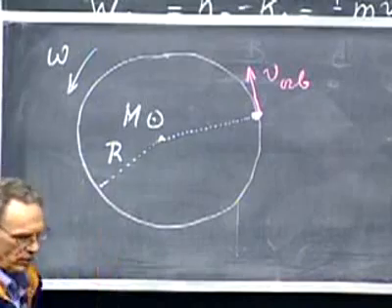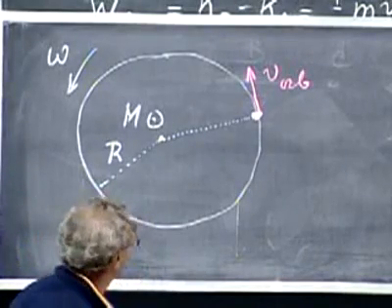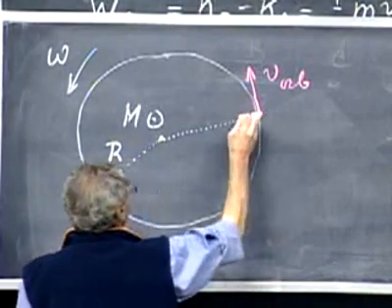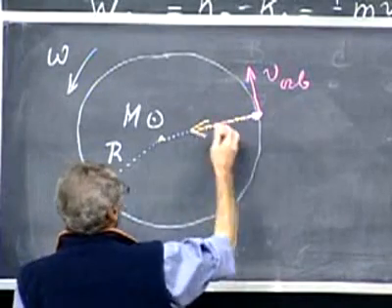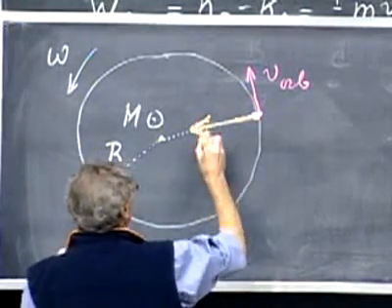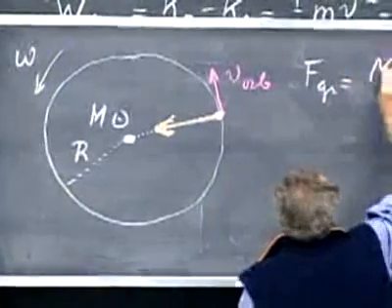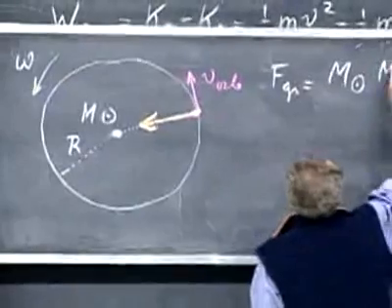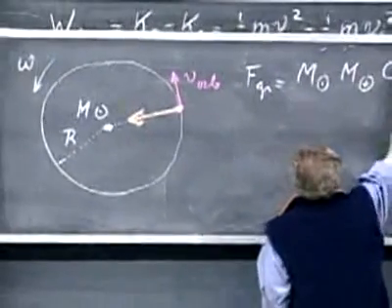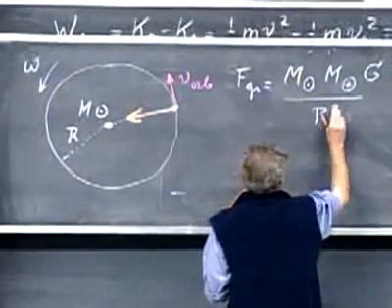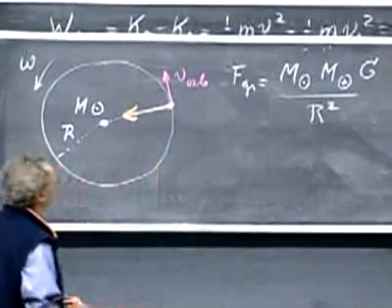It goes around with a certain angular velocity, and there has to be a force on the system, the gravitational force, which is the same as the centripetal force. That's the only way the object can go around in a circle. So this gravitational force equals mass of the Sun, mass of the Earth, times G divided by r squared, the force of gravity.